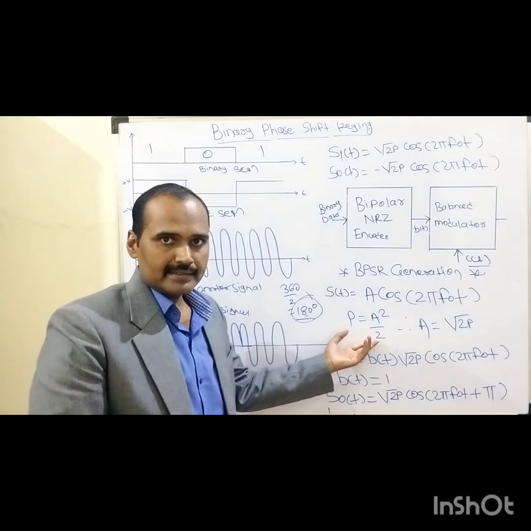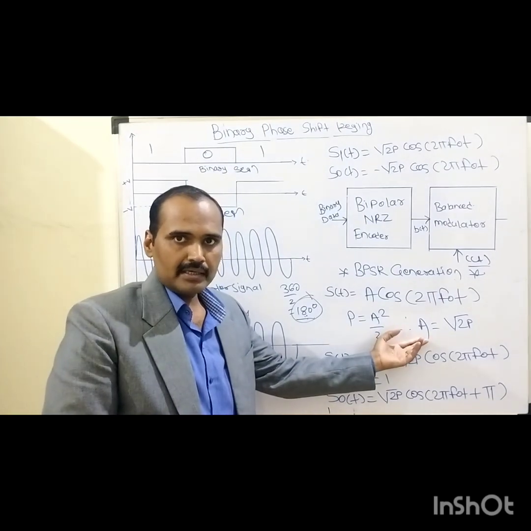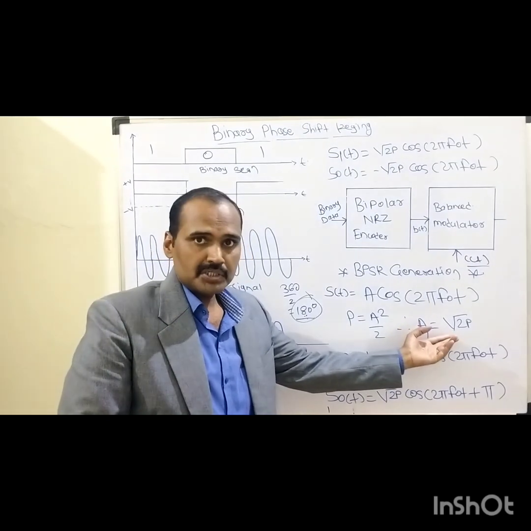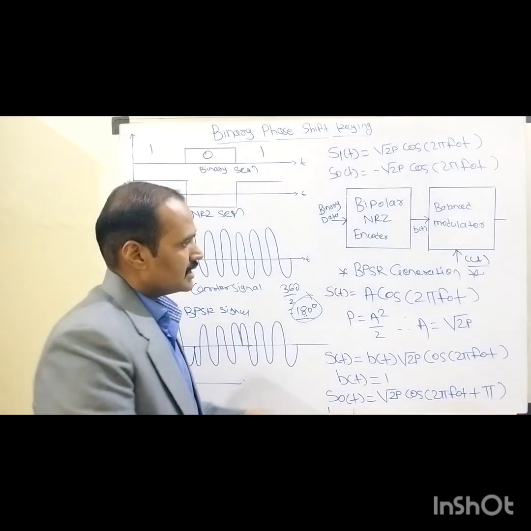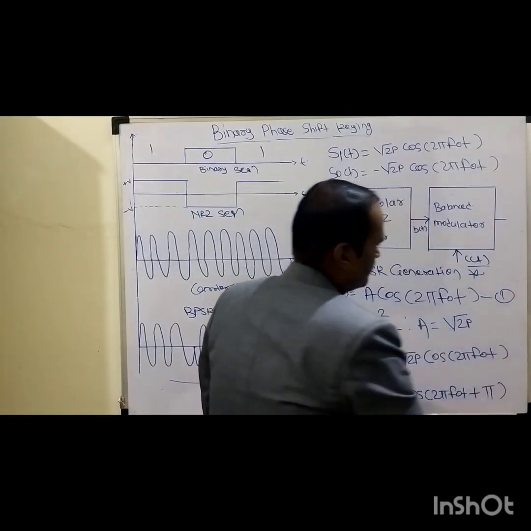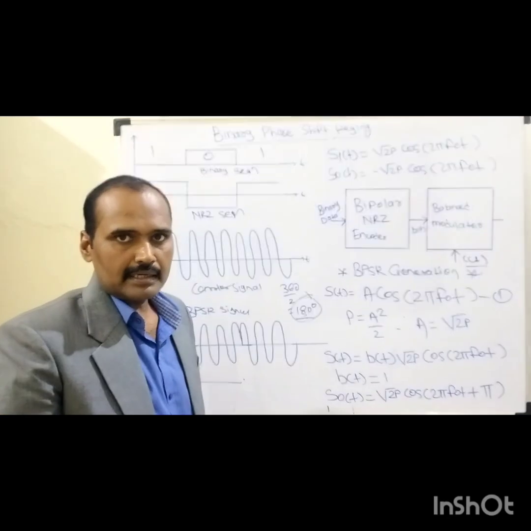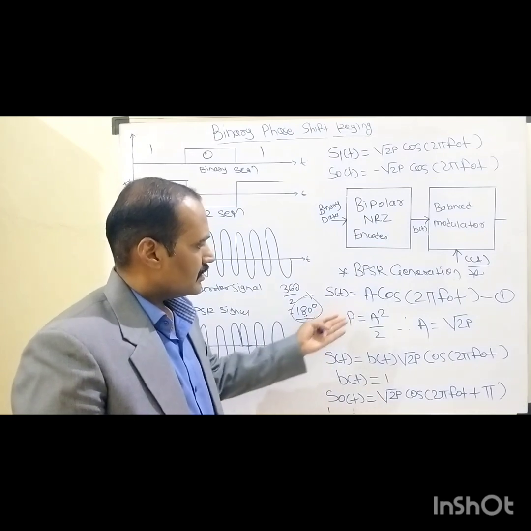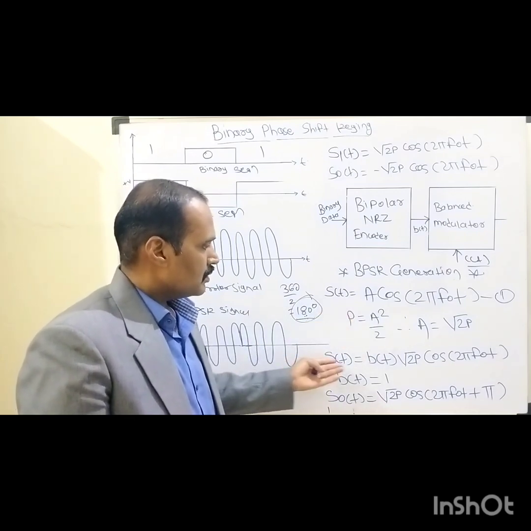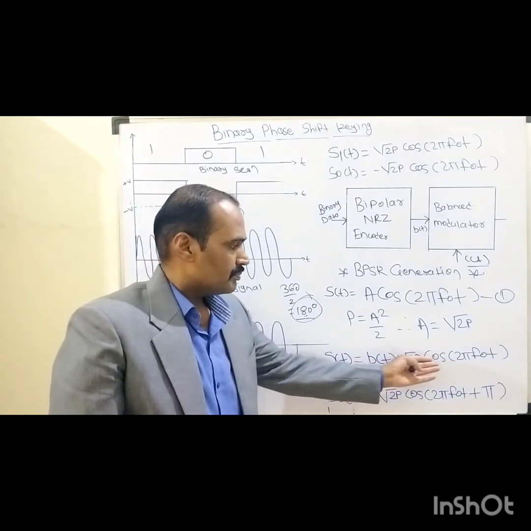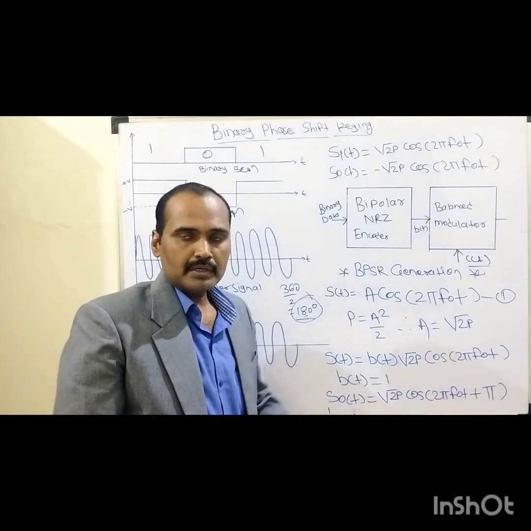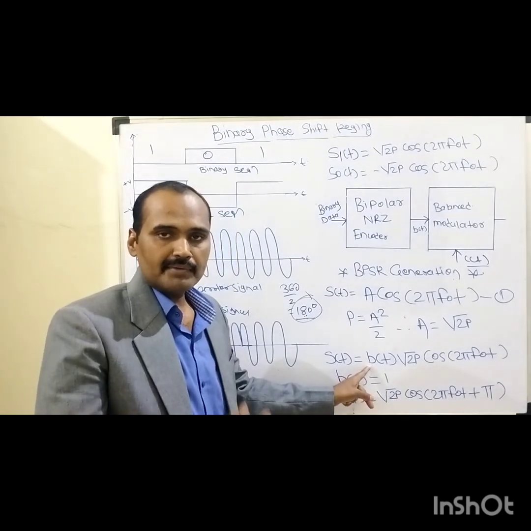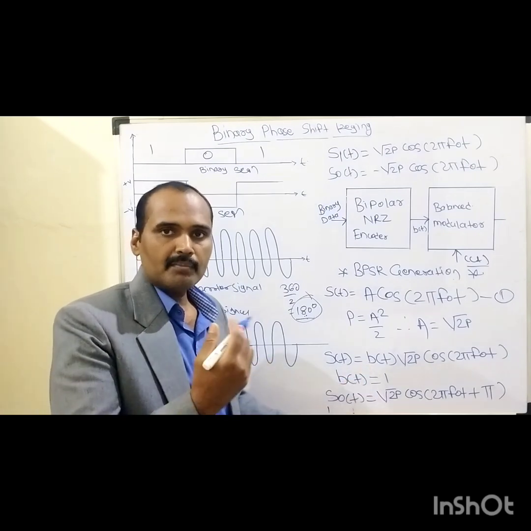So we can rewrite this in terms of amplitude: A equals root 2 times P. When we substitute this amplitude into expression number 1, the generalized representation of this carrier signal, it becomes S of t equals b of t into root 2 times P into cos of 2 pi f naught t. What does this b of t stand for? It denotes whether we are transmitting binary 1 or binary 0.